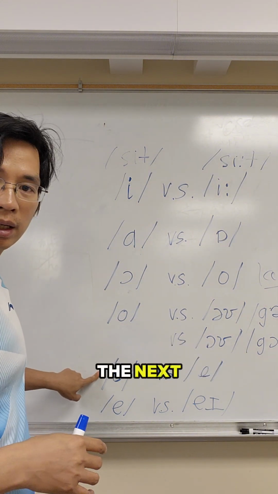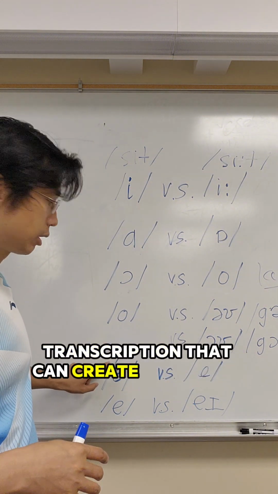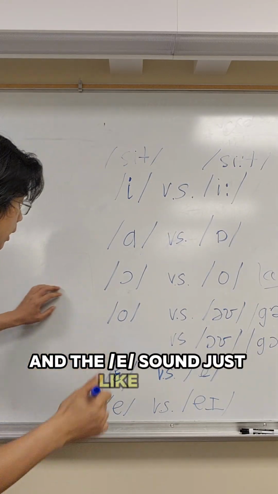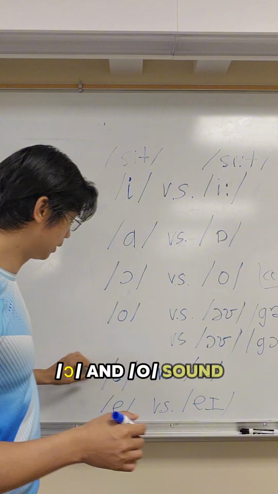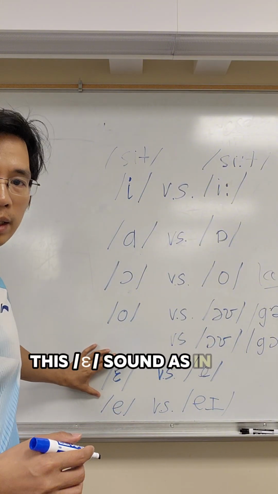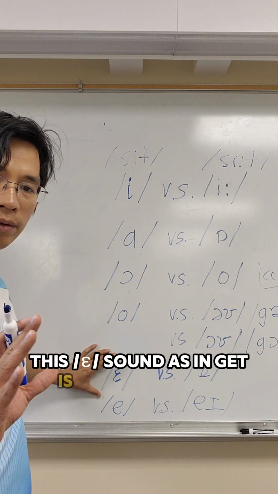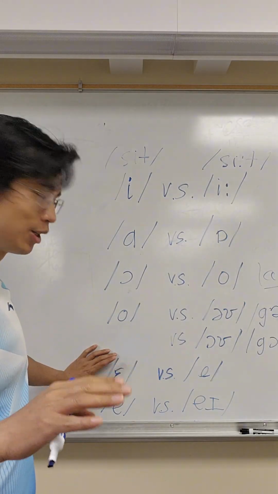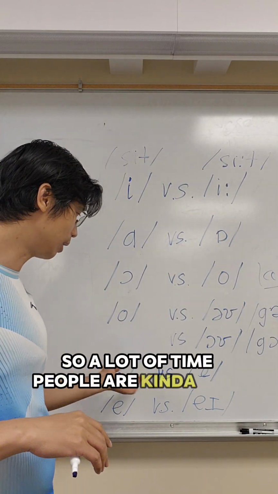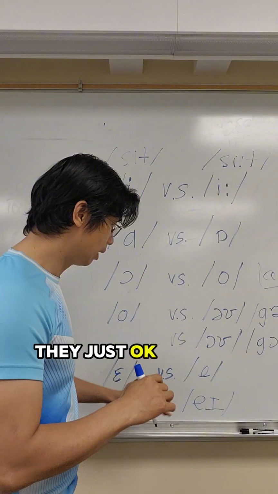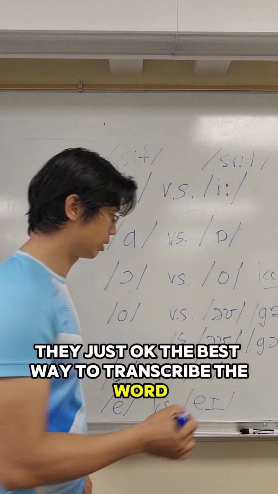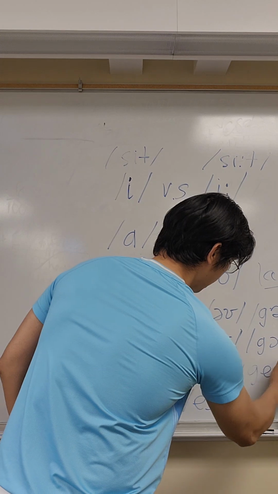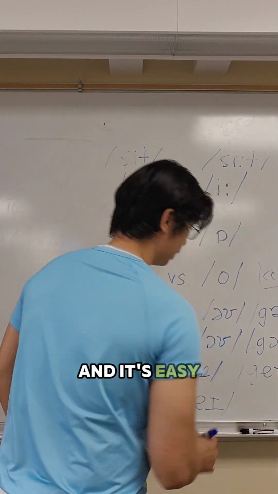The next transcription that can create confusion is the E and the S sound. Just like this O and O sound, this S sound, as in get, is kind of difficult to type. So a lot of the time people are kind of lazy. The best way to transcribe the word get is just g and e, and it's easy.